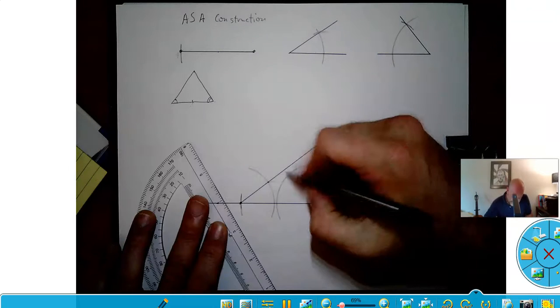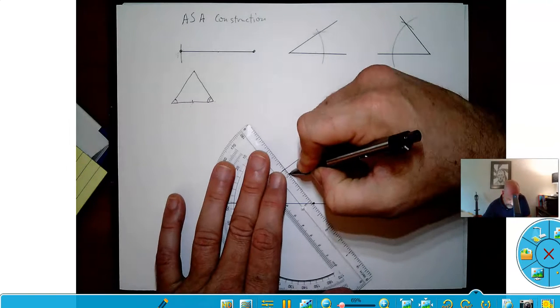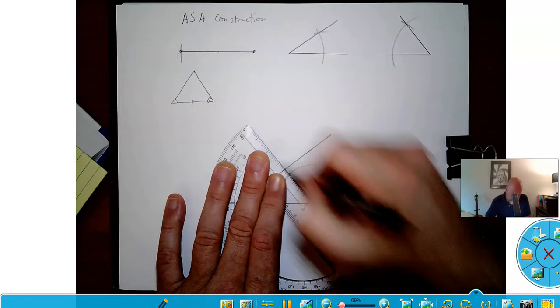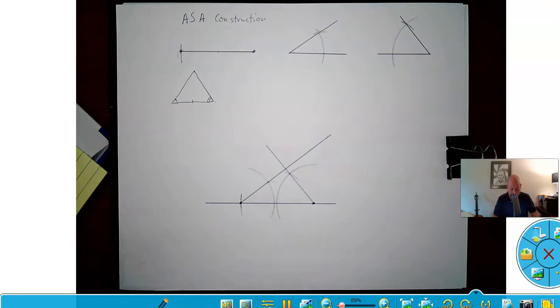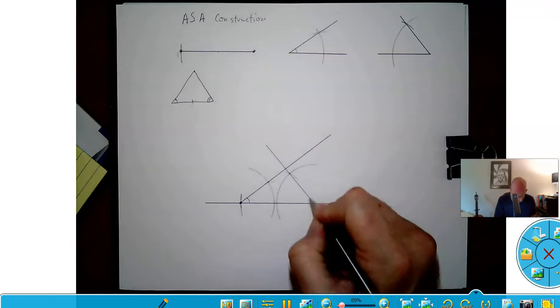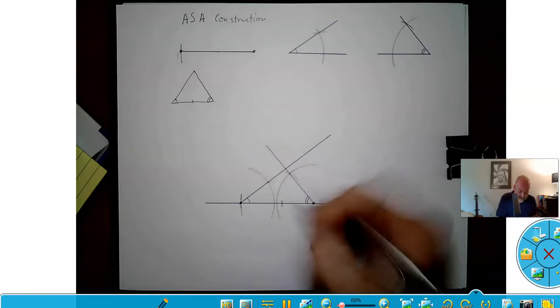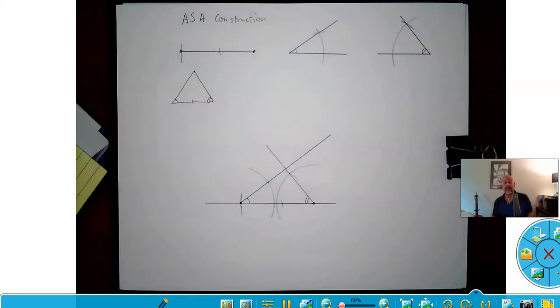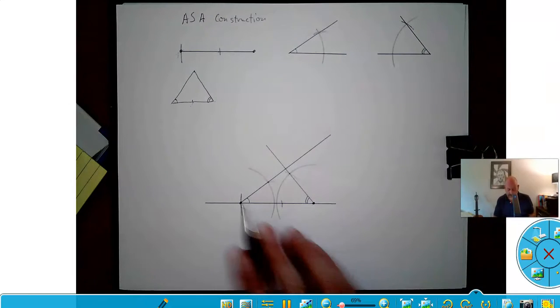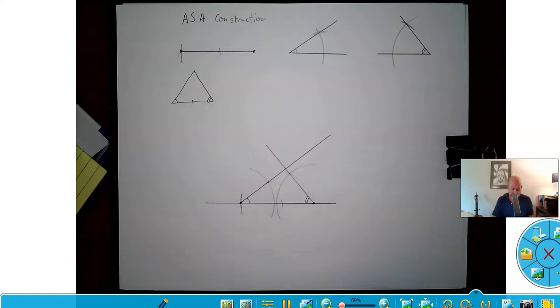And that ends up being our other point. And we'll just draw it in. And now we have a triangle, right? This angle matches this angle. This angle matches this angle. And this side matches this side. And so we've done angle, side, angle, right? We've just constructed this triangle.